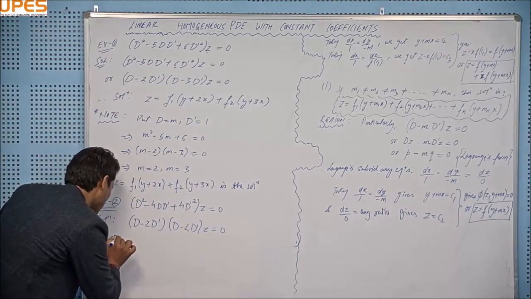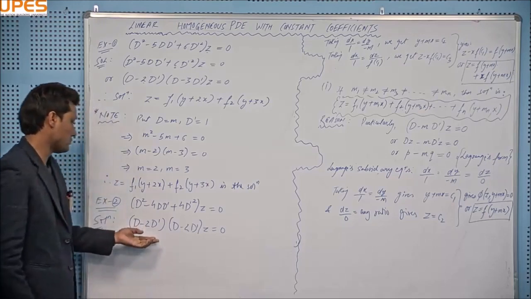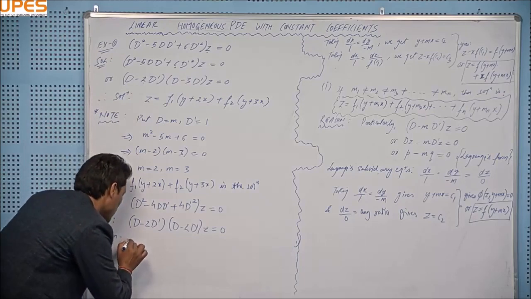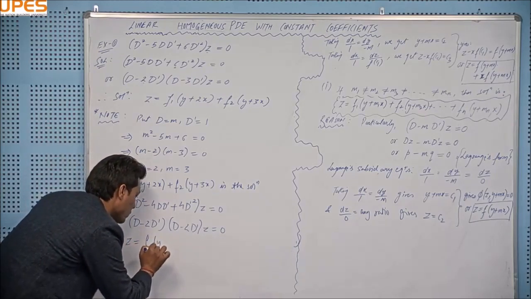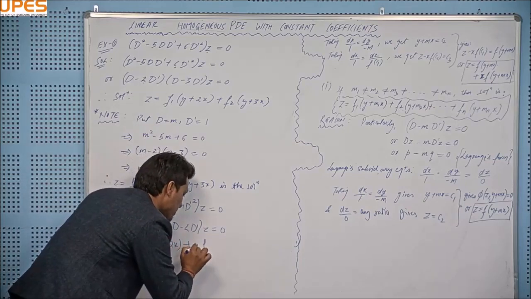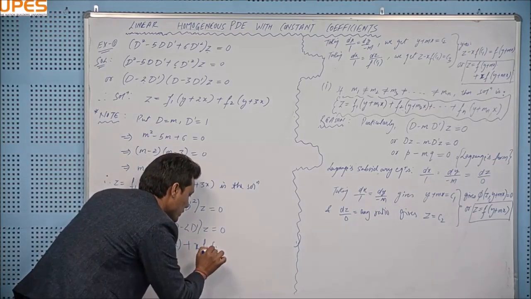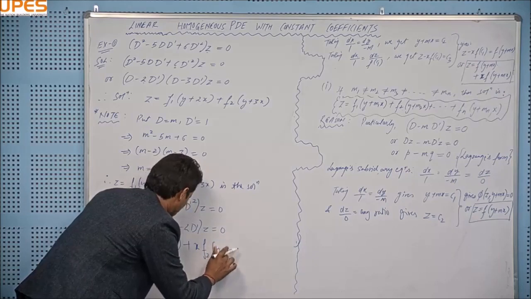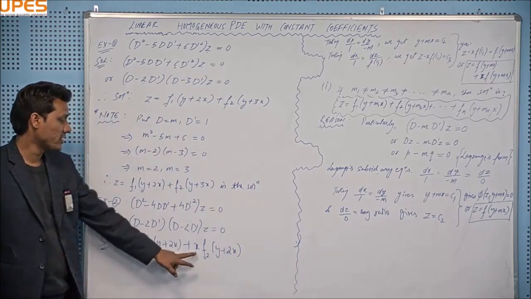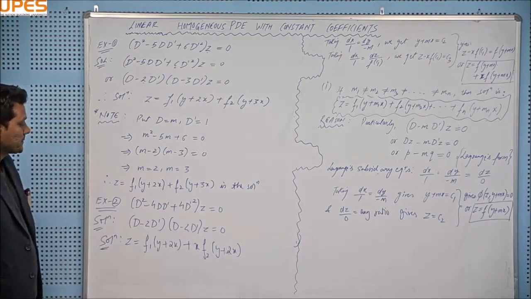Case 2 was when we get equal factors or repeated factors. We had the solution in this form: z = f1(y + 2x), and again we write this thing, but this time x multiplied by f2(y + 2x). This will be the solution, and you know the reason why this x appears here.